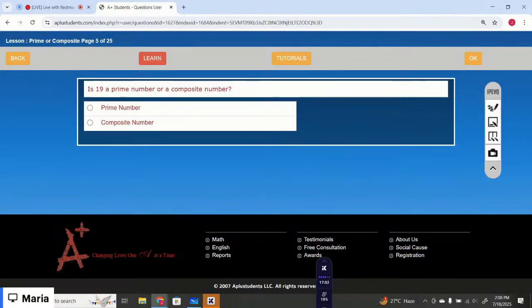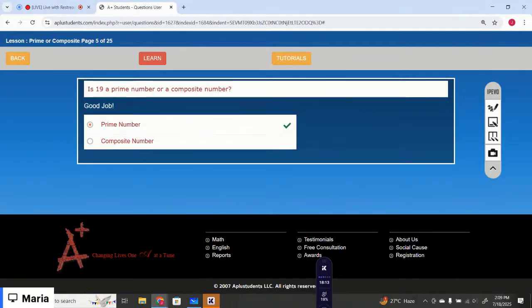Is 19 a prime number or a composite number? Yes, it is a prime number. Very good. Option number 1 is the correct option. 19 is a prime number.